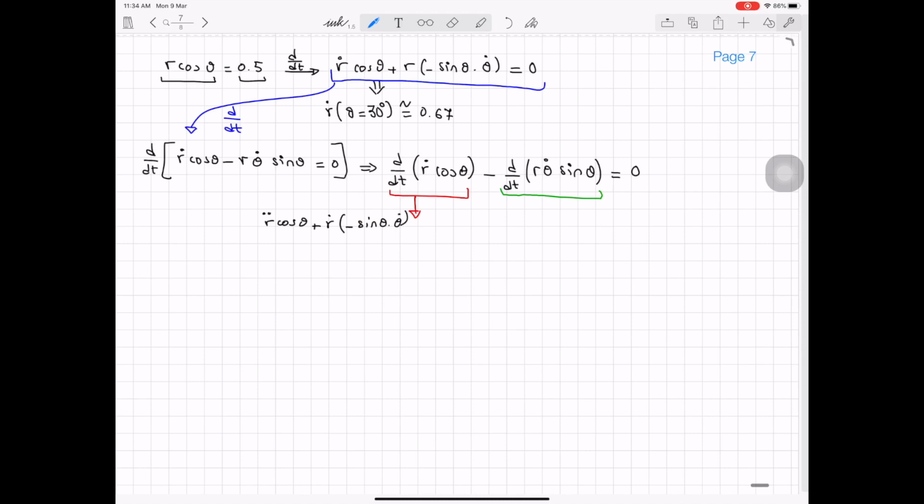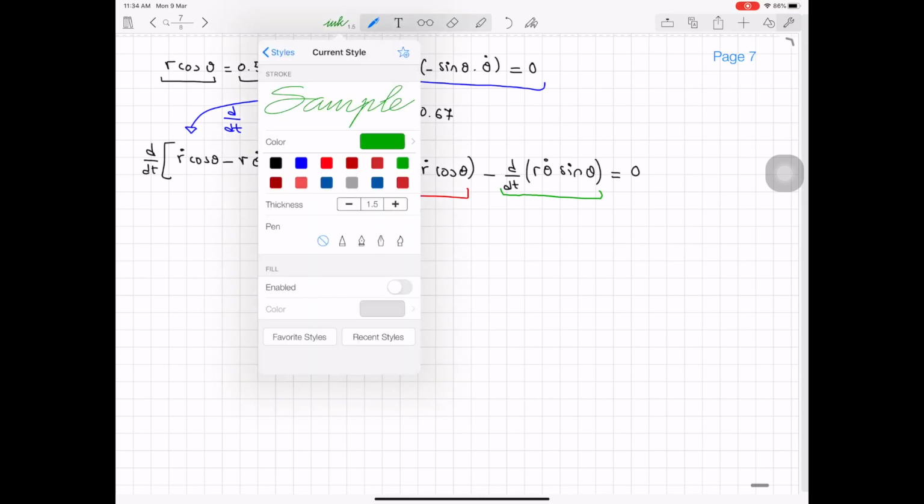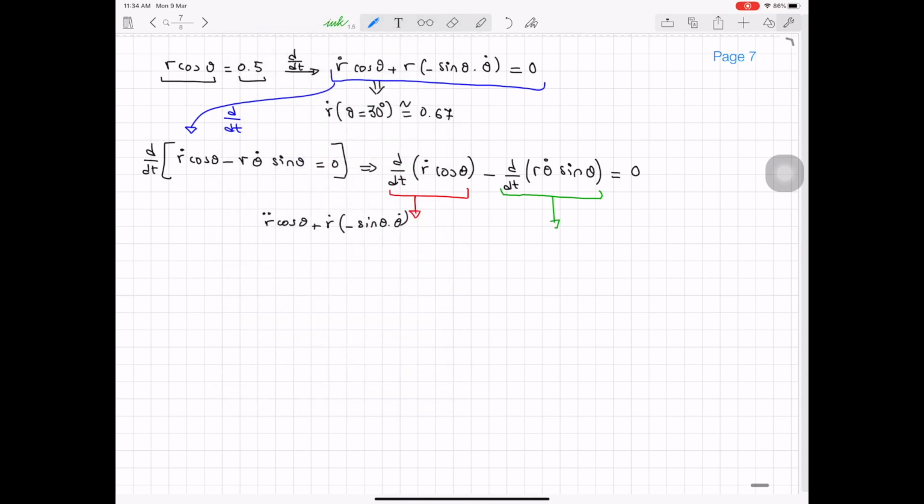Good. Now for the second one, it's a little bit involved. We have the product of three functions, R, theta dot, and sine theta, and we want to find the derivative with respect to time. I will just divide it into two pieces. So the first piece is this, and the second piece is this.